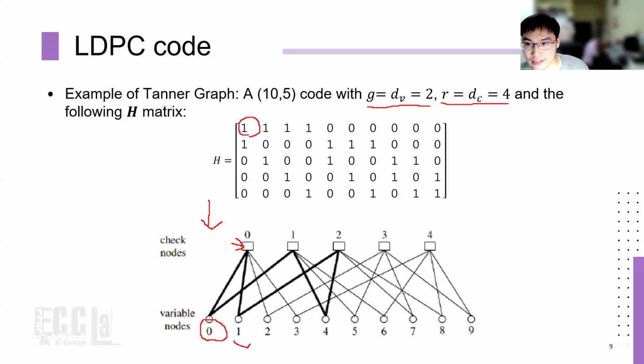So in this case, there are 5 check nodes in the Tanner graph, one for each check equation or row of H. And there are 10 variable nodes, one for each code bit or column of H. So we can see that the column weight is the variable node degree, and the row weight is the check node degree.